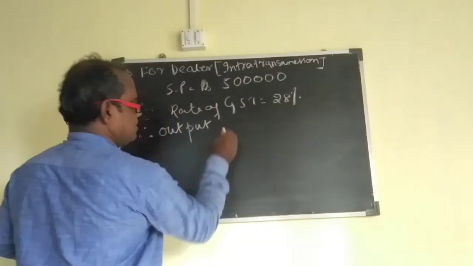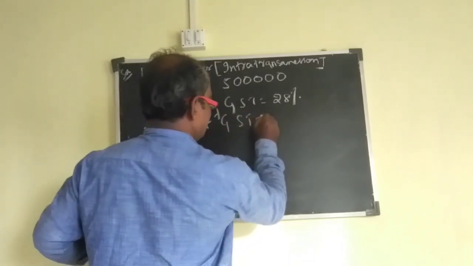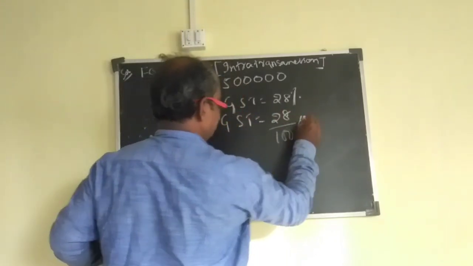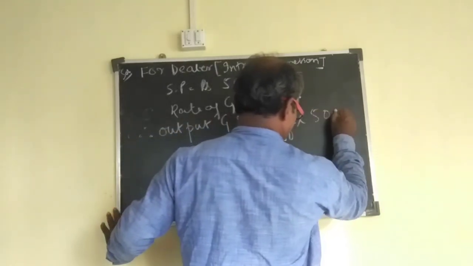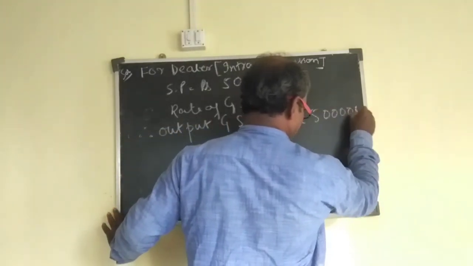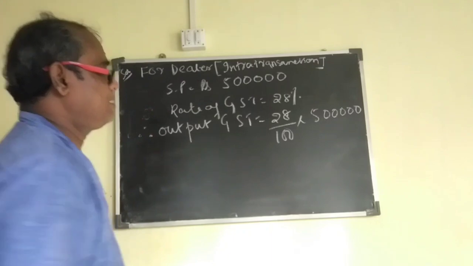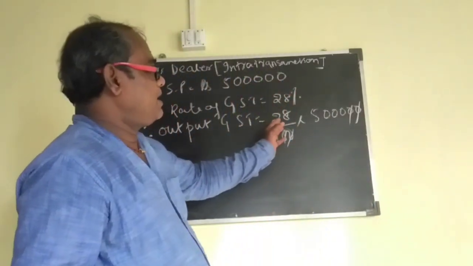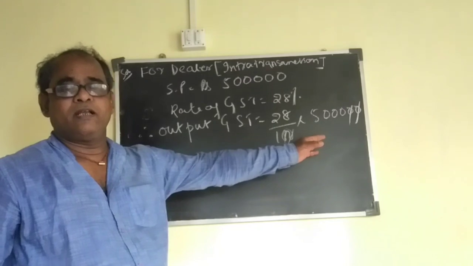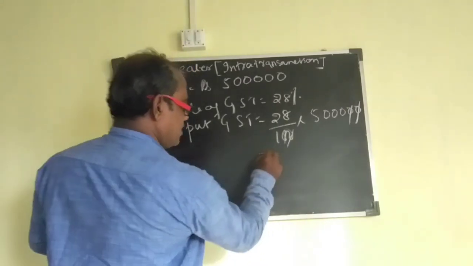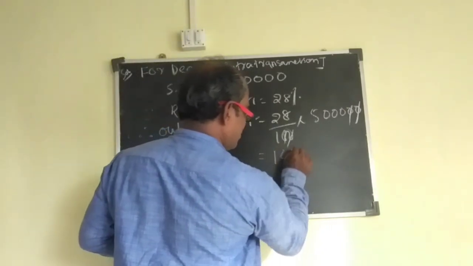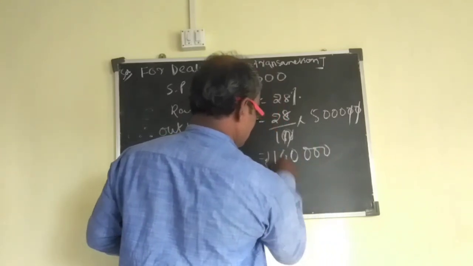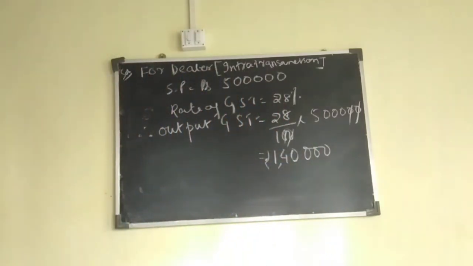Therefore, output GST is equal to 28% of 5 lakhs. Let us do the calculation over here. 28 into this is equal to 1,40,000.